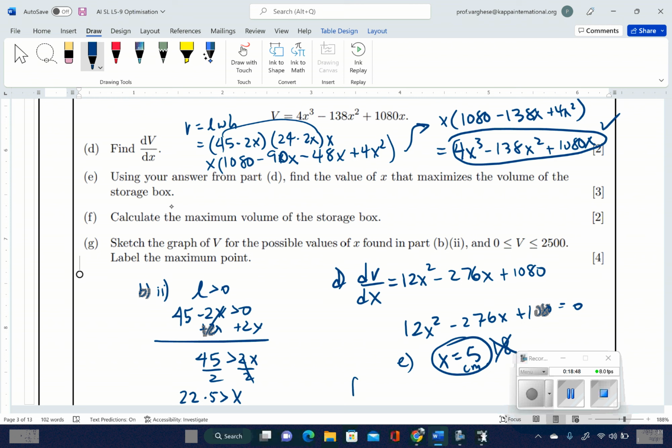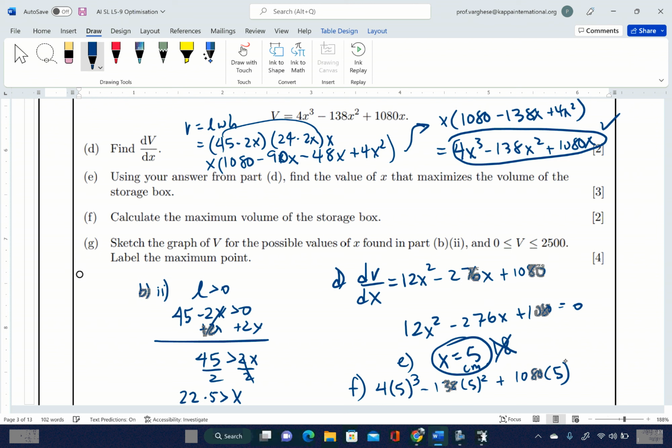So for part F, we do 4 times 5 to the third power, minus 138 times 5 squared plus 1080 times 5. If you plug it into the calculator and hit enter, you're going to get 2,450 centimeters cubed because this is volume, okay? So that is part F.